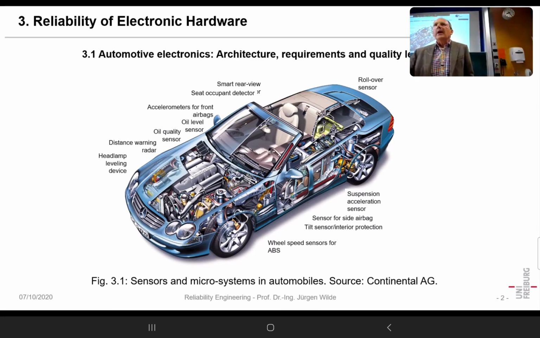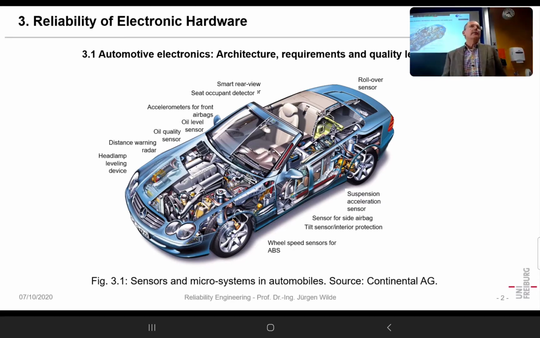The more parts you have, the higher the probability that one part will fail. And that's a very simple reason why when you put much electronics into a car, of course, you must increase the individual devices' reliability in order to avoid that the system reliability goes down.